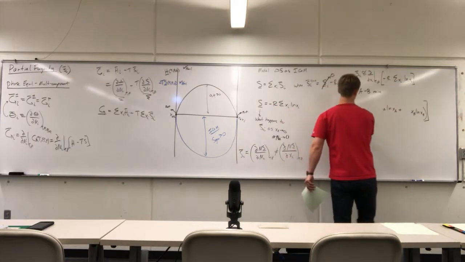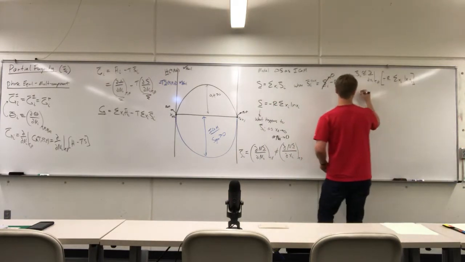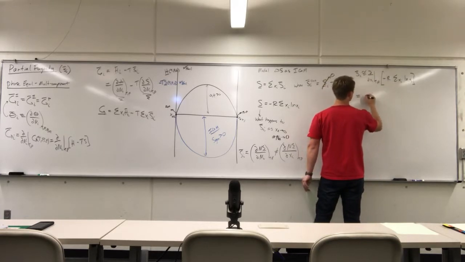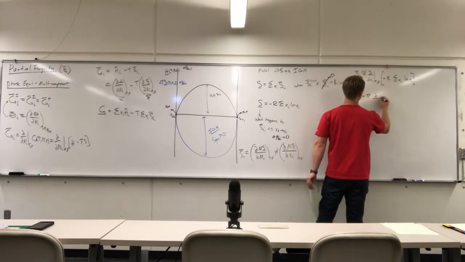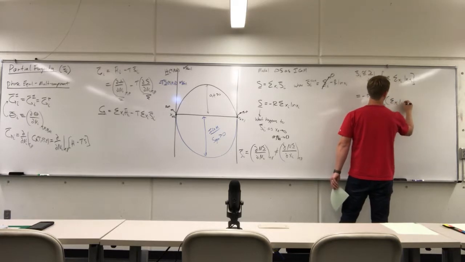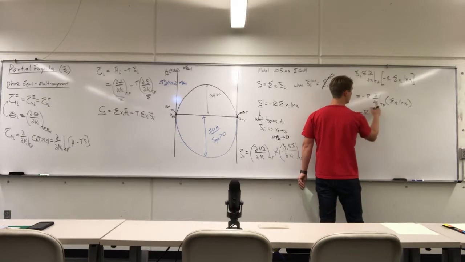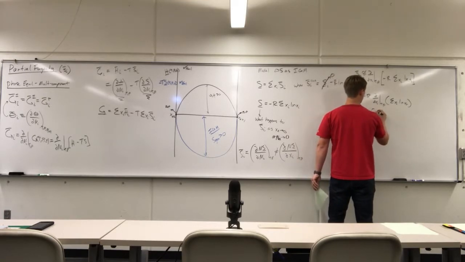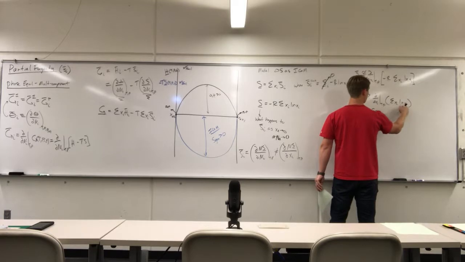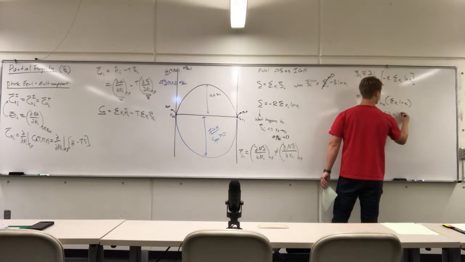Let's hold off on this for a second. We can actually evaluate this pretty trivially, so let's evaluate this first. This is minus R d/dx i at constant temperature and pressure. We just have to use the product rule here: minus R times the summation of the first times the derivative of the second, so that's x i times 1 over x i, plus the second times the derivative of the first, natural log of x i.